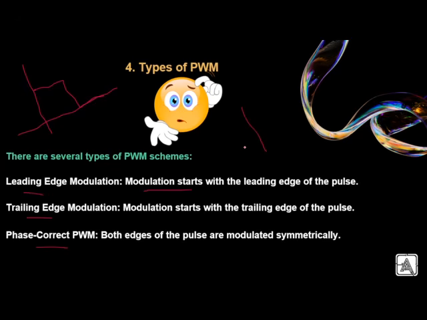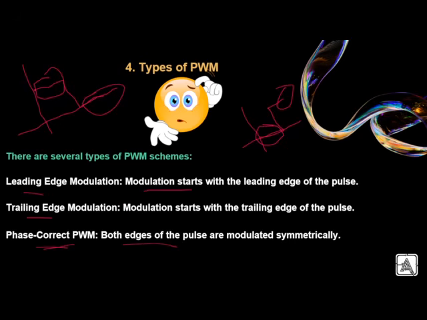Trailing edge means it will start from the low and end at the high. It can go further also, but the basic thing is that for the trailing edge it starts with the low and ends at the high, and for the leading edge it starts from the high value and ends at the low value. And phase correct is, obviously, the combination of both.